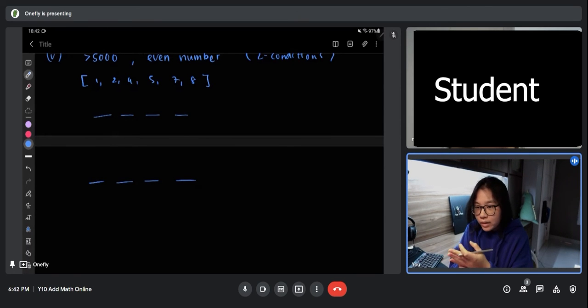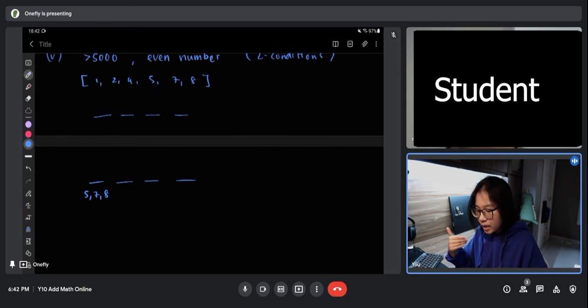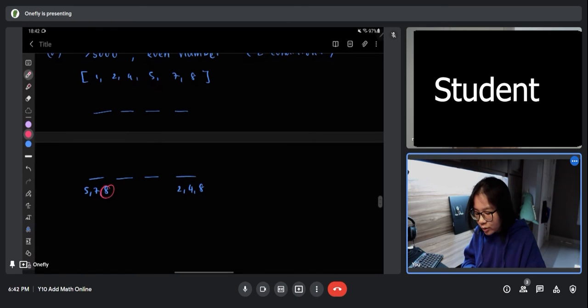Numbers more than 5,000, just now we considered 5,000, 7,000, and 8,000. And even numbers, we considered numbers ending with 2, 4, and 8. The really confusing part is that there is a possibility for 8 to repeat.